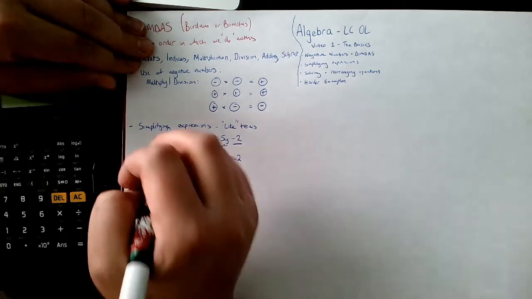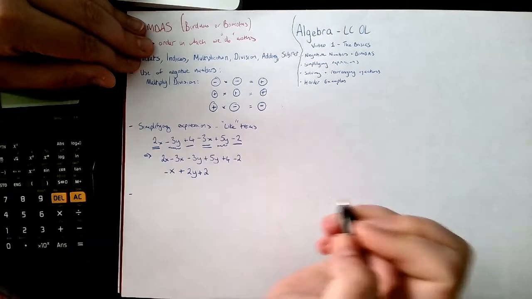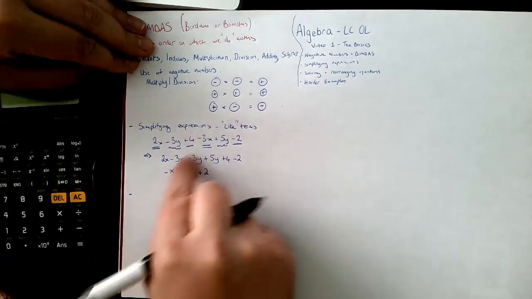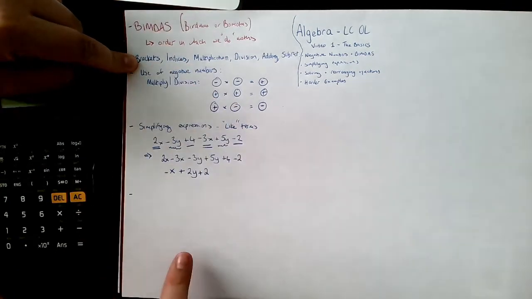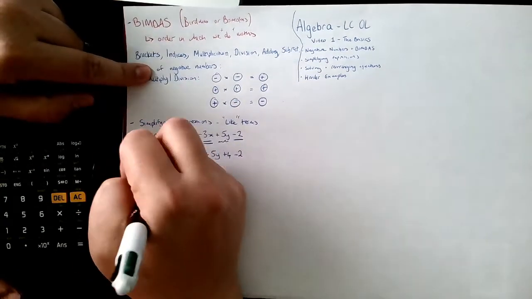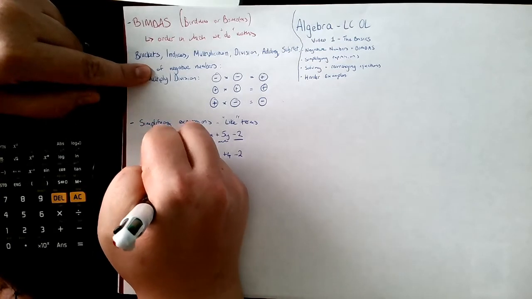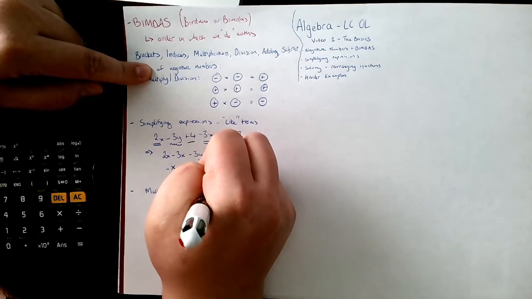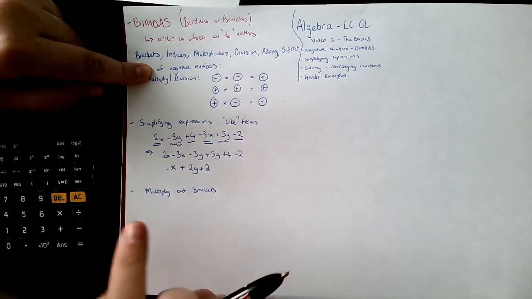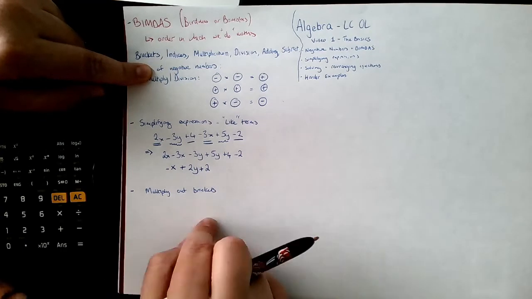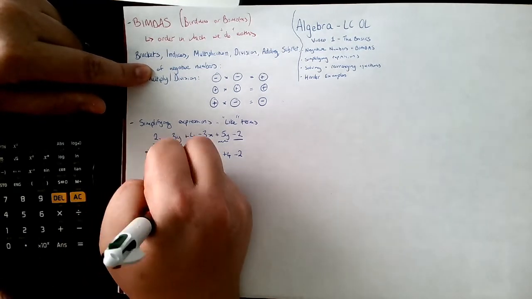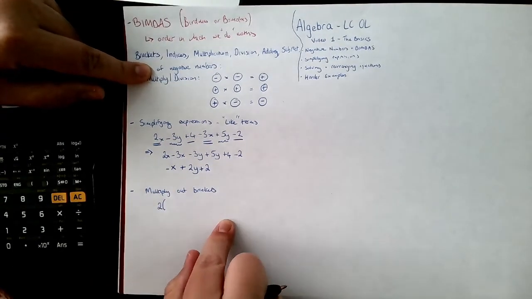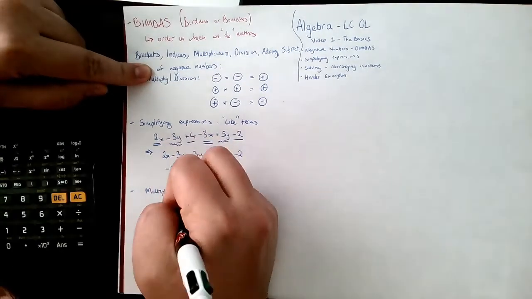Okay, so if I was to add a bracket in here, following BIMDAS we do our brackets first. So we need to be able to multiply out the brackets. Now generally if you see a number on the outside of a bracket and no space like this, that means that you multiply whatever is inside the bracket by what's on the outside.